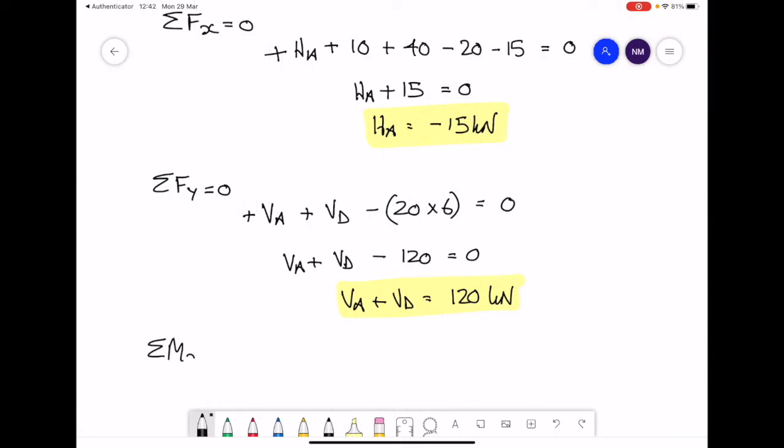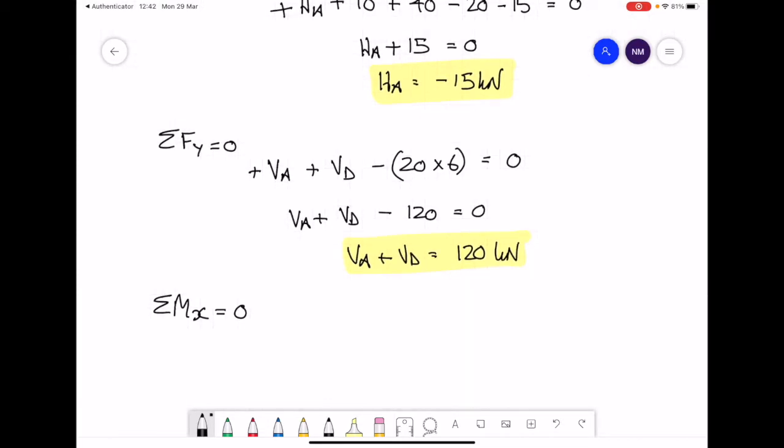Now applying the third equation for equilibrium, moments about a point. Remember, moments is a force by a distance. For moments, it's clockwise moments or anti-clockwise moments. Clockwise moments are positive, anti-clockwise moments are negative.